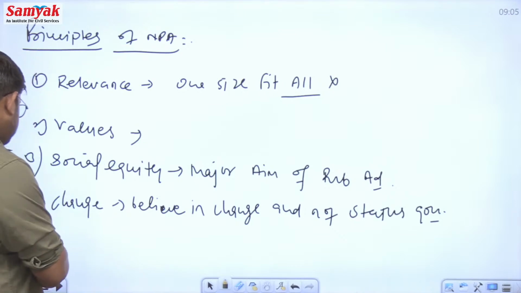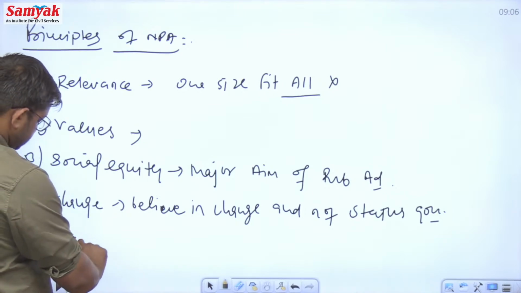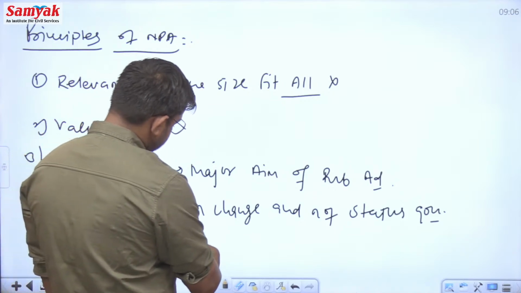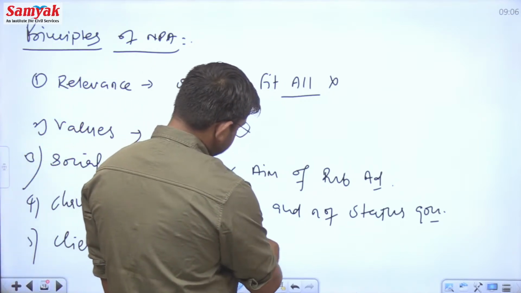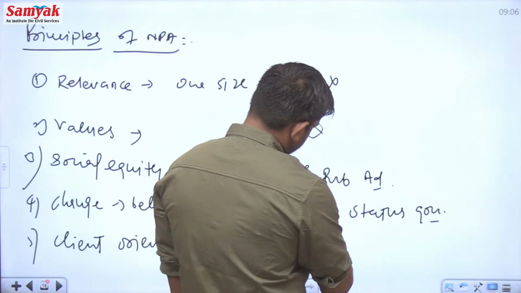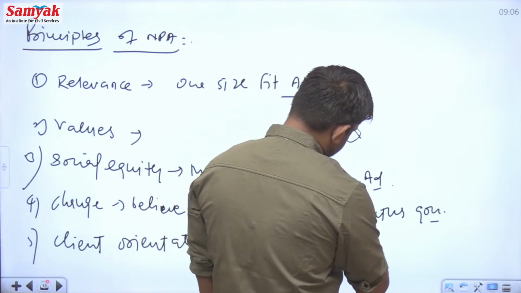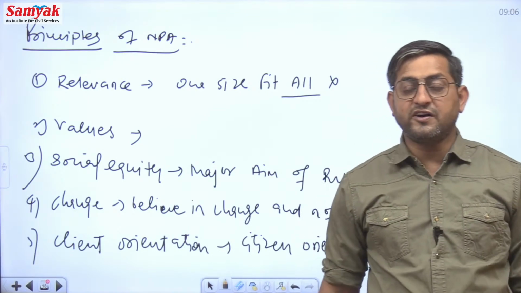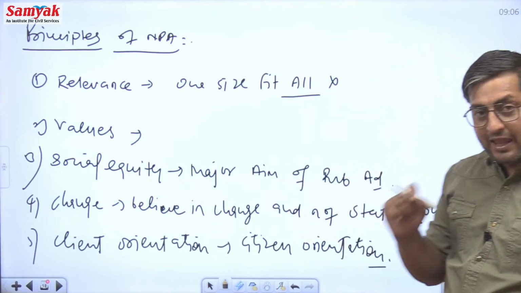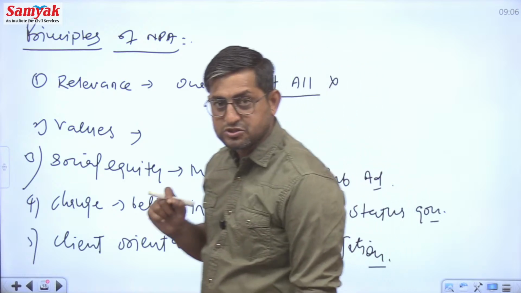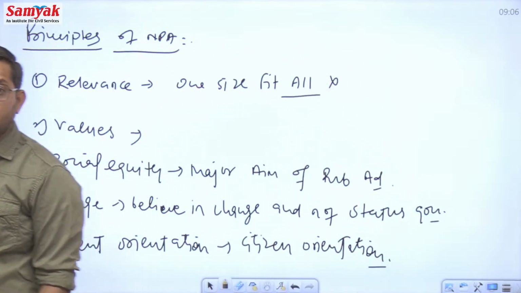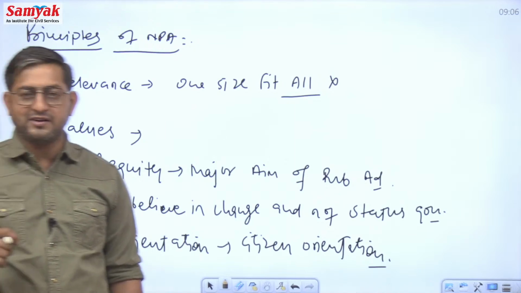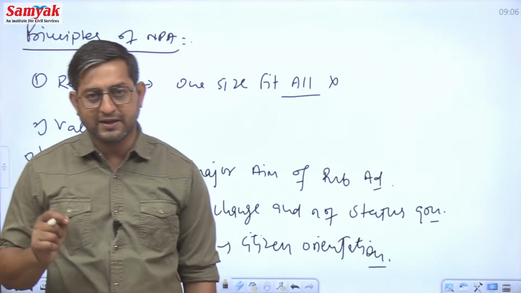Similarly, client orientation. क्लाइंट का यहां पर मतलब है सिटीजन. क्लाइंट ओरिएंटेशन का मतलब सिटीजन ओरिएंटेशन. So the citizens are considered clients. So the whole structure should be oriented towards the citizens, which means that the basic aim of all the structure should be to ensure the welfare of the citizens or to fulfill the need of the citizen. That should be the basic thing in the mind whenever we are establishing the structure of the public administration.